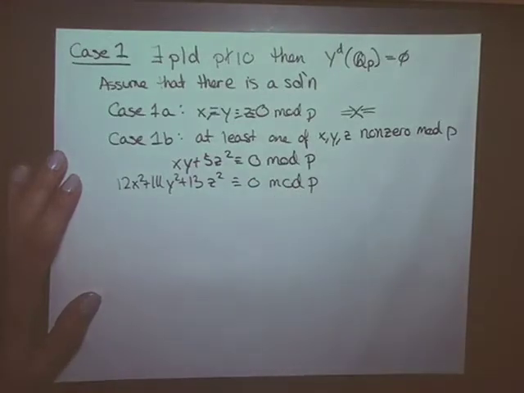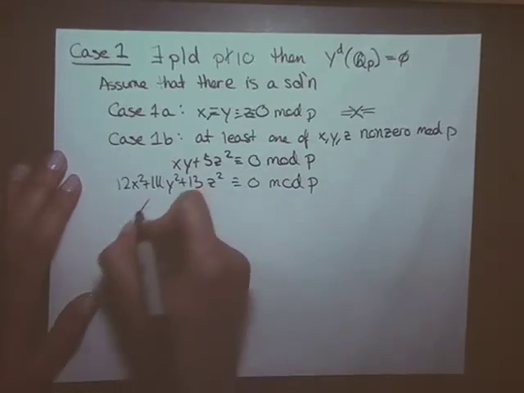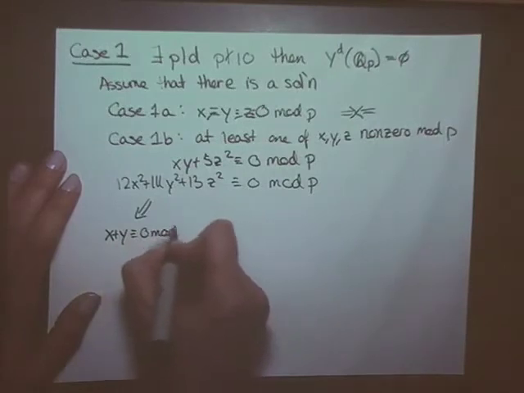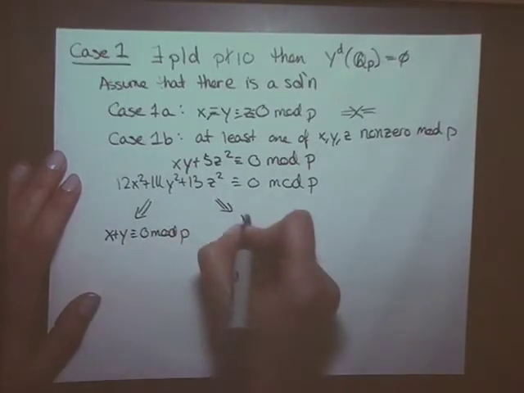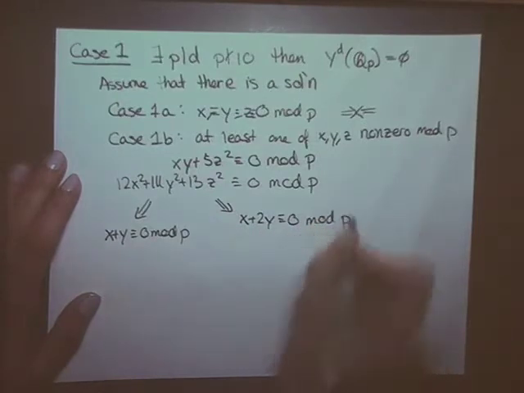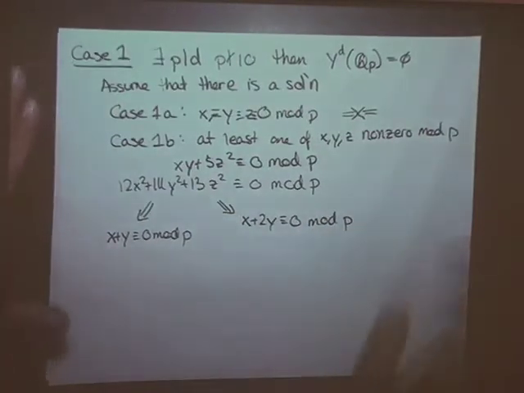And this factors as x plus y times x plus 2y. So either x plus y is 0 mod p, or x plus 2y is 0 mod p. I've just been teaching ring theory, so I have this incredible urge to say, and we're in an integral domain, so we know there's no zero divisors.